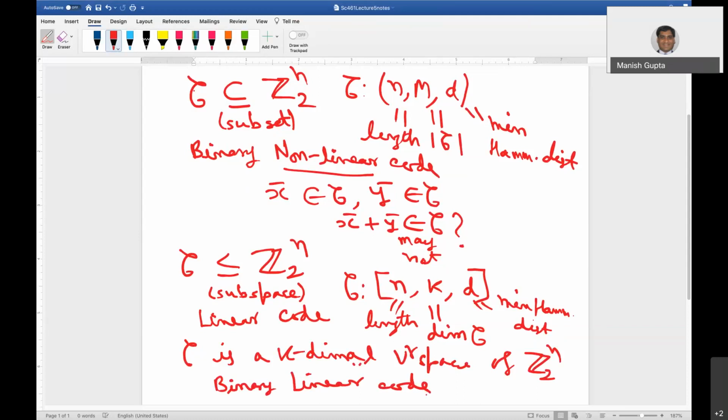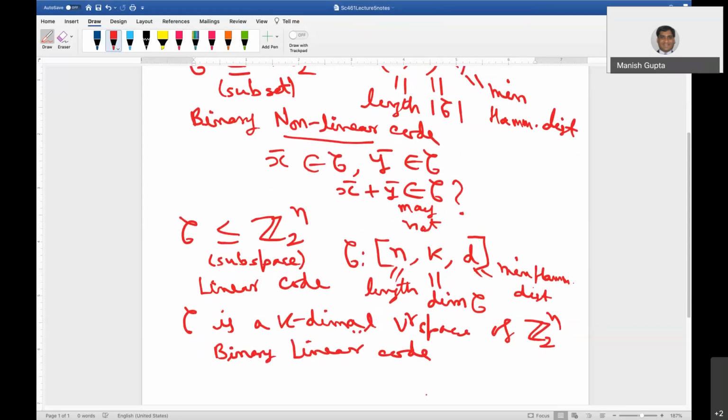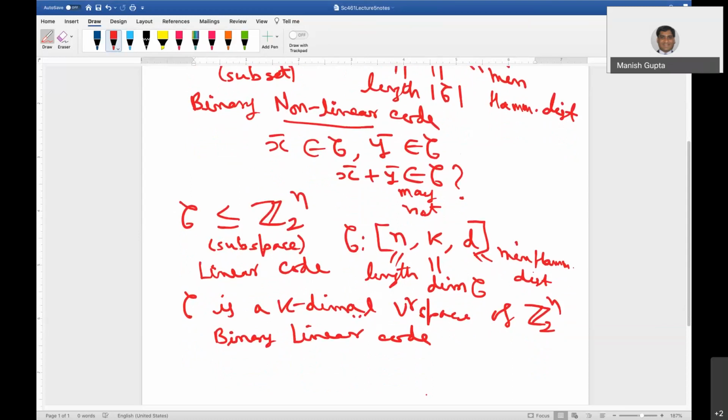Okay, binary linear code. Now I think in the earlier classes we have covered that any vector space has a basis.